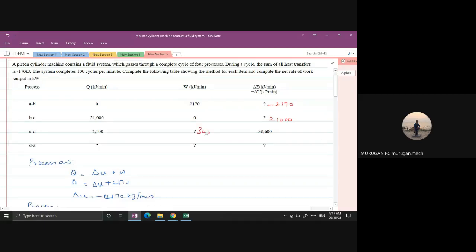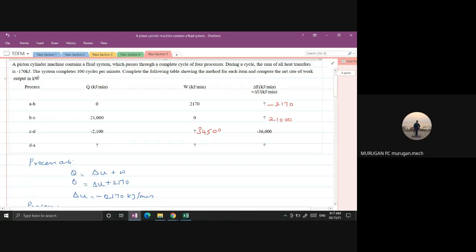Now the unknown term is D to A. We don't know Q, we don't know W, and we don't know delta U. The question they have given us: during a cycle, the sum of all heat transfer is equal to minus 170 kilojoule.